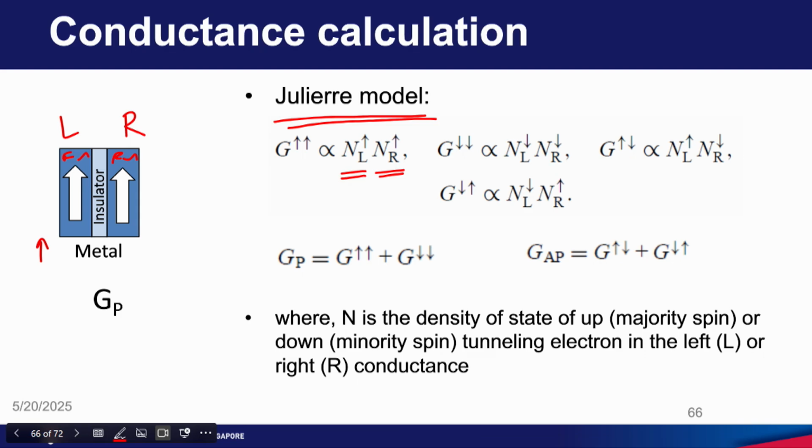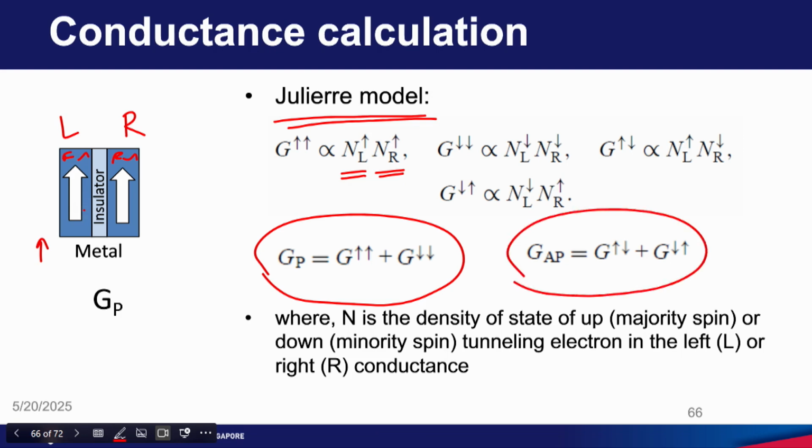So, we have various values of G for the different types of electrons. When the two magnetic layers have parallel magnetization, we have this G, and when the two layers have anti-parallel magnetization, we have this formula. You can notice that all these G's are related only to the density of states.